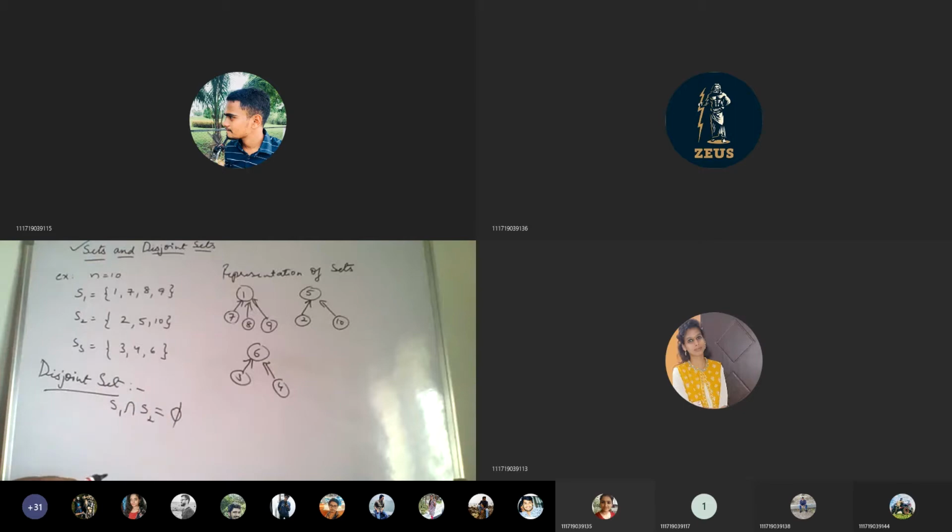Then we say it is empty, there are no common elements. Similarly, S1 intersection S3 is empty, and S2 intersection S3 is empty. That means there are no common elements; every set is unique. So that is what disjoint sets are. When there is no common element, we call them disjoint sets.